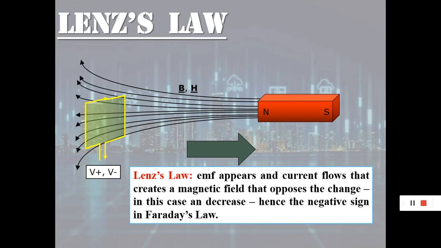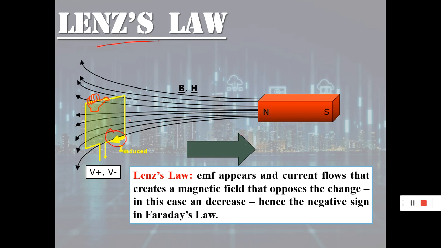For Lenz's law, this part of the slide shows you the direction of the induced I. How do we find the direction here? You need to use Lenz's law. You can see that this magnet is moving away from the coil, so the coil will oppose the changes.